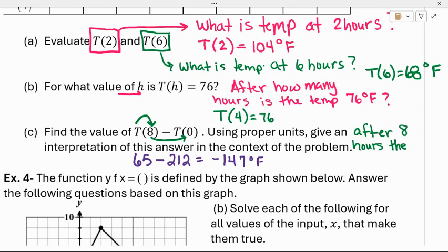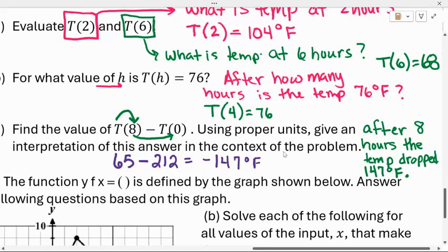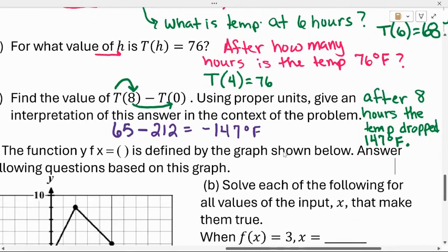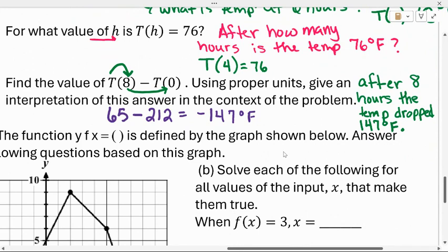Down. It's going down. After 8 hours, the temp dropped, or decreased if you want, 147 degrees Fahrenheit. That's what happened. After 8 hours, the temperature dropped 147 degrees Fahrenheit.